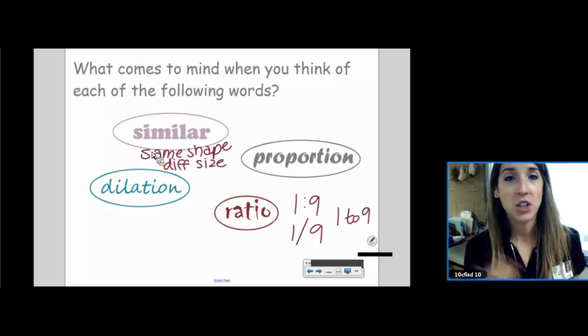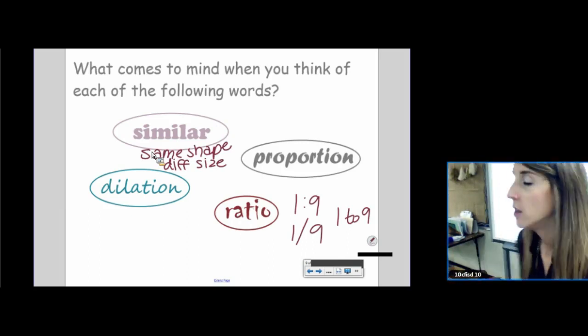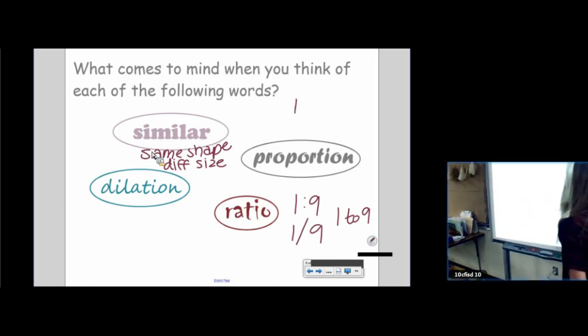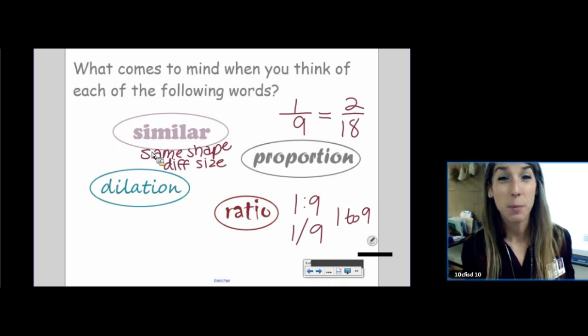Now, when you take two ratios and you make them equivalent, that is called a proportion. So, for example, 1 is to 9 as 2 is to 18. And I would probably put an equal sign, but 1 is to 9 as 2 is to 18. That's a proportion.